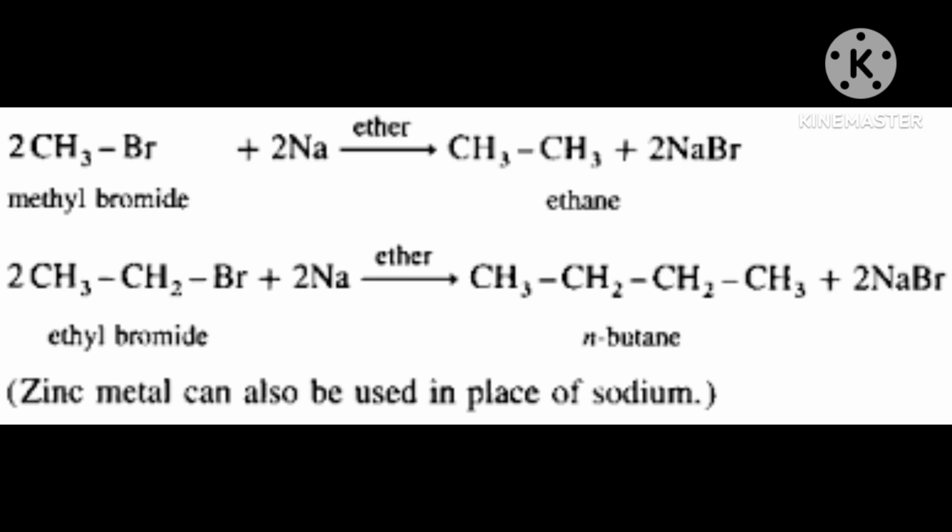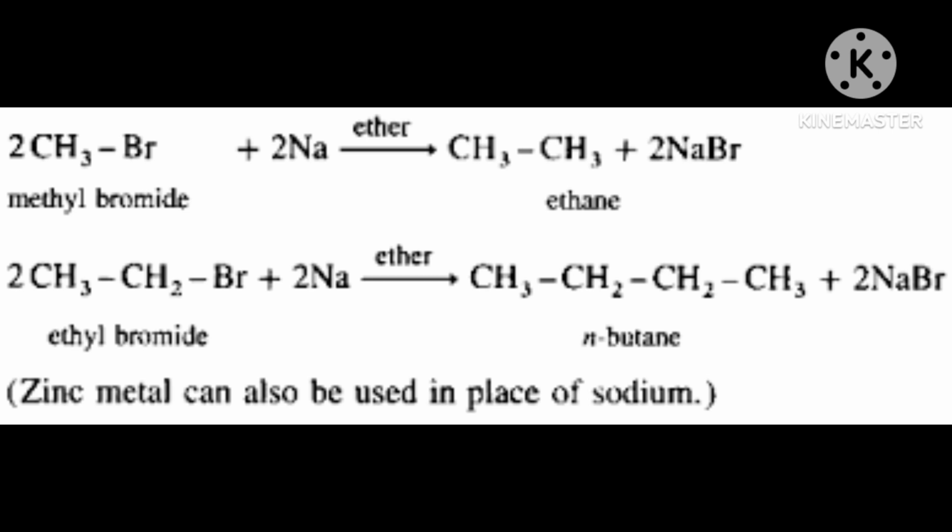This is the main reason. If s character is more, the carbon is more electronegative and can hold the electron pair of the C-X bond more tightly than sp3 hybridized carbon in haloalkane.